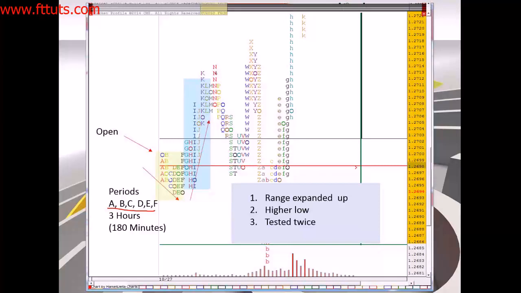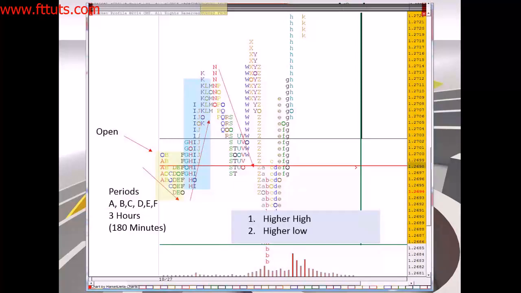Now, does that mean that we will continue to move higher forever? Well, obviously, of course not. And you already see on the chart what happened in the next rotation. Ultimately, when we study the various rotations, we begin to get some insight about what is likely to continue to happen in the market.